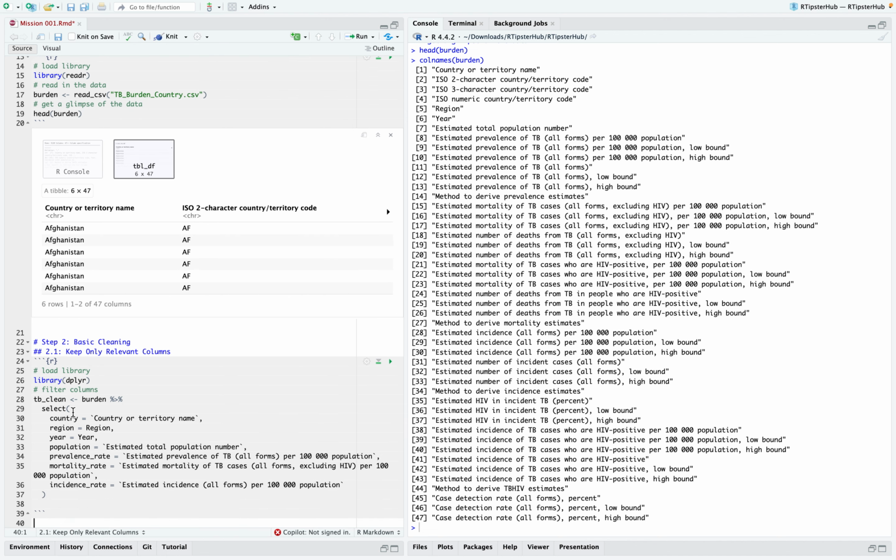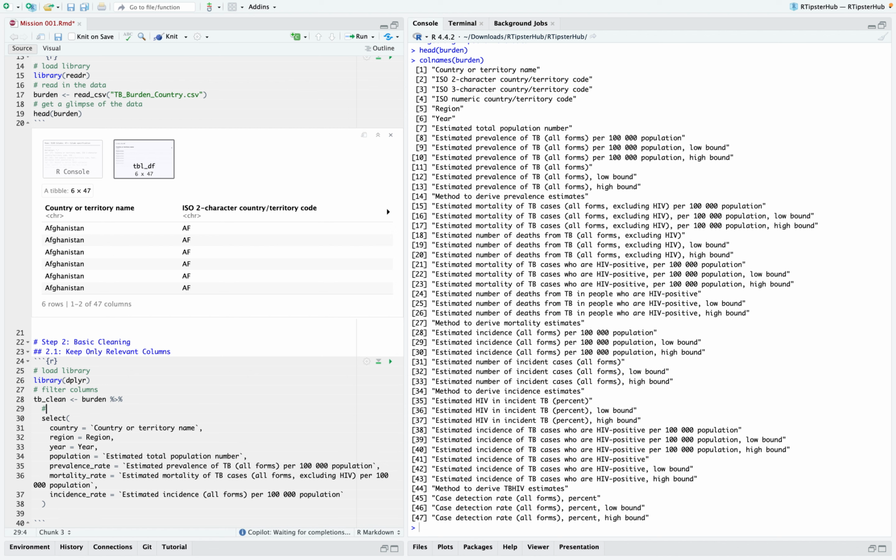basically killing two birds with one stone here. We are saying select, and then using the country or territory name, but renaming it to country. So it's basically select and rename columns, and then region, year, population, prevalence rate, also mortality rate, incidence rate. And then we can check the result.